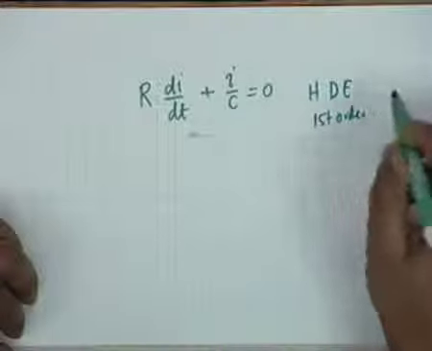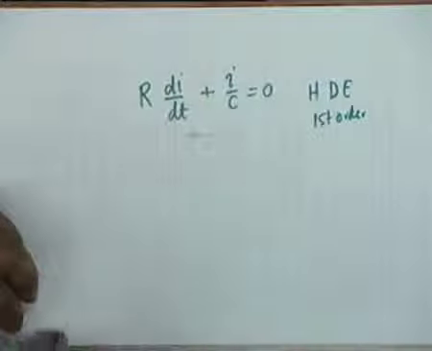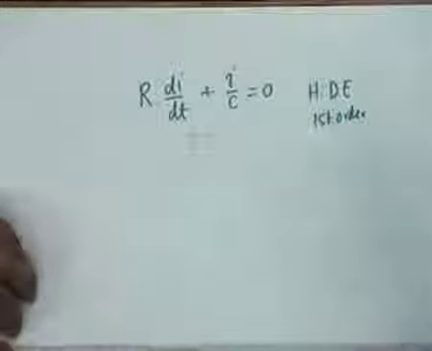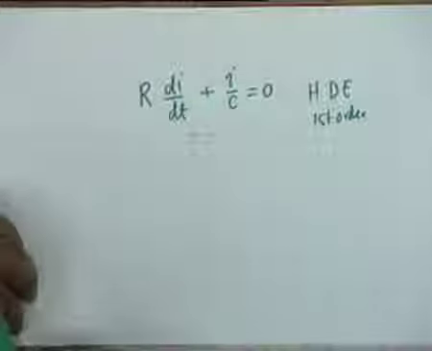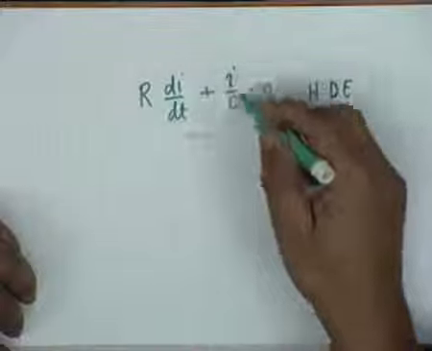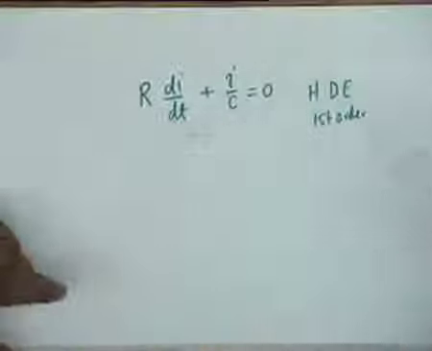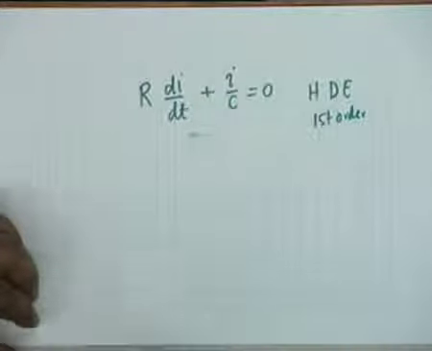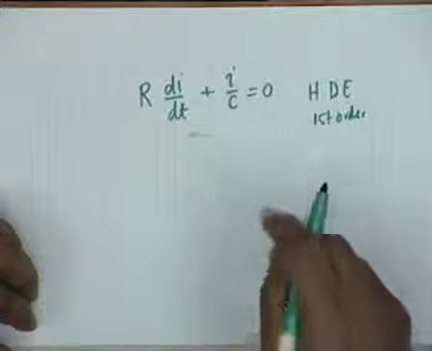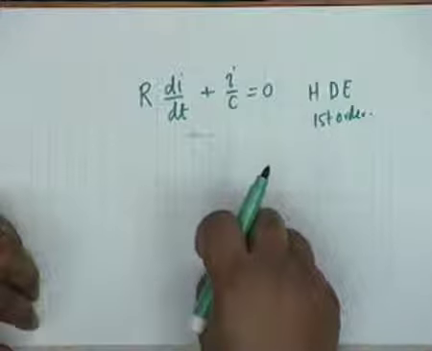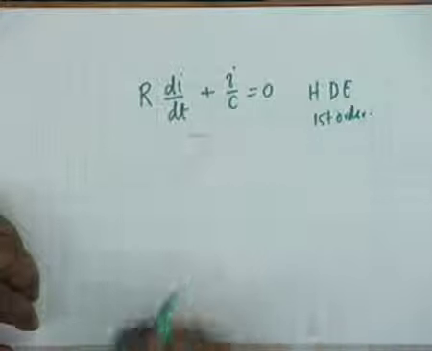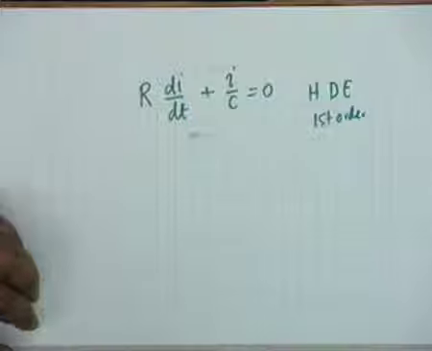Now in order to solve this equation, we know mechanically how we do it. You put an integrating factor and things like that, or you take this quantity to the right hand side and integrate, change of variables and so on. You know all this. We shall do it in a slightly different manner, which is more physical in character, which throws more light into the physical happening in the circuit.